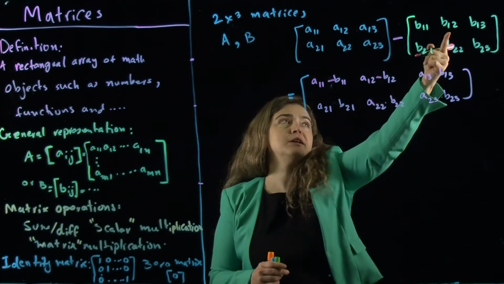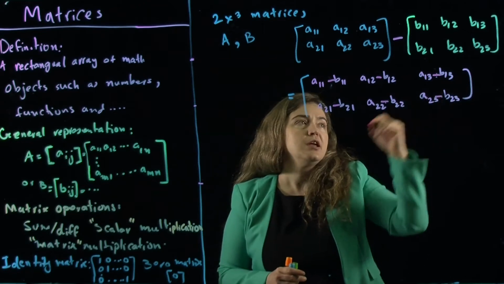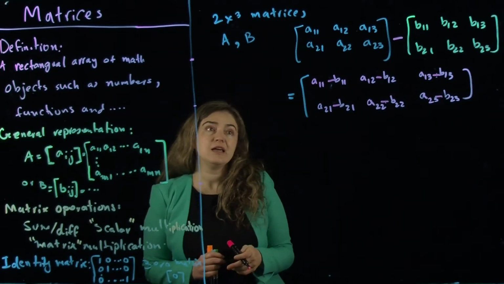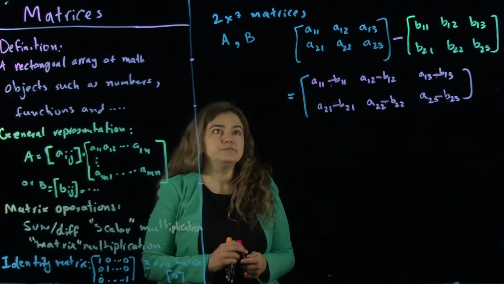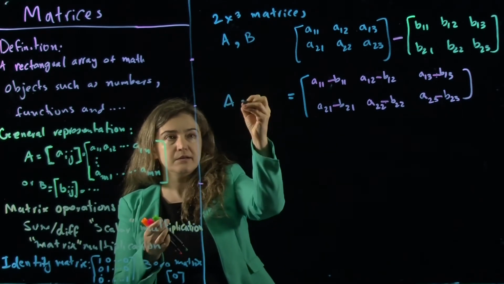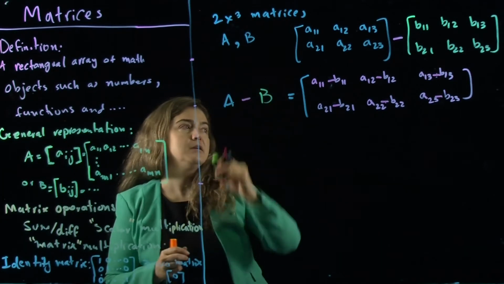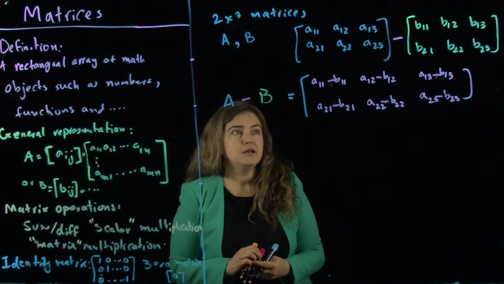Entry A1, 2 minus B1, 2 goes to this resulting entry. And so everything changes to a negative sign. So in this case, matrix A minus matrix B looks like that.